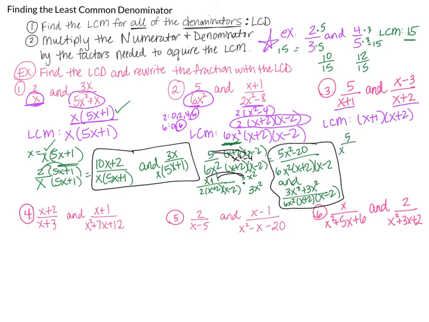All right, so let's see what this first fraction will need. I start off with 5 over x plus 1. To get to the common denominator, I'm going to need to multiply by an x plus 2. All right, so that means I'm going to now be distributing that 5, which is going to give me 5x plus 10 over that x plus 1 times x plus 2. All right, now let's look at our next fraction. So our next fraction, we had x minus 3 over x plus 2.